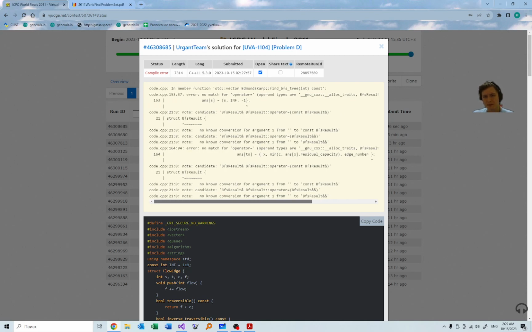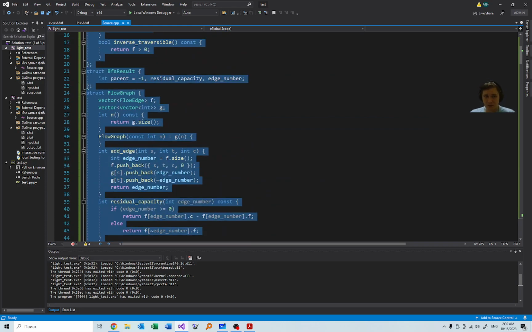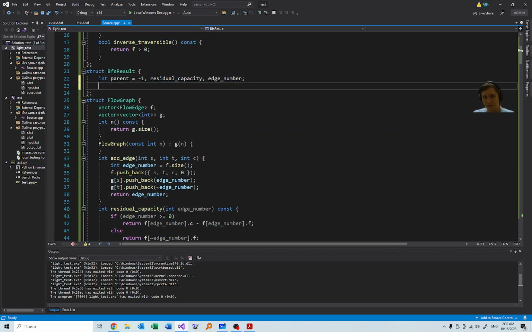Why don't you have C++20? Yeah, so it cannot convert from initializer list to a structure. This is not really good, but we will fix it, of course. Who are we to disagree?